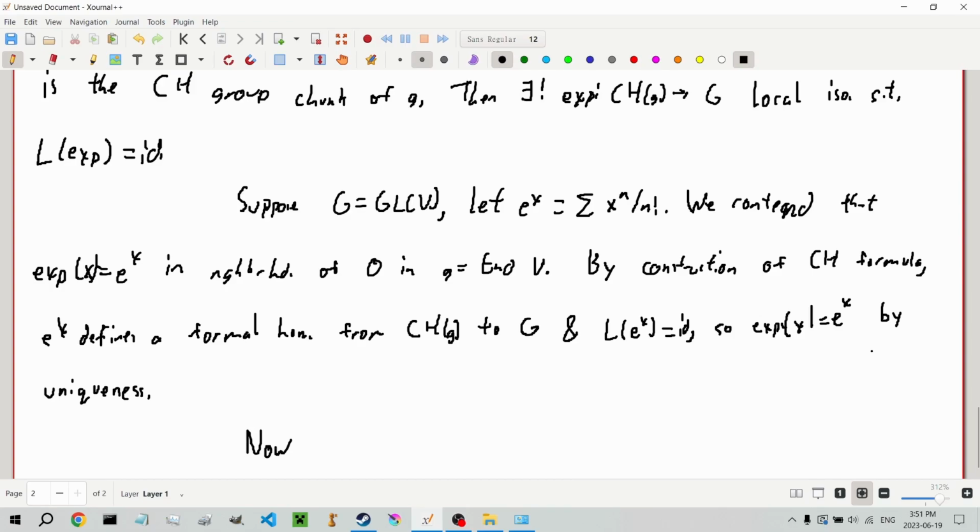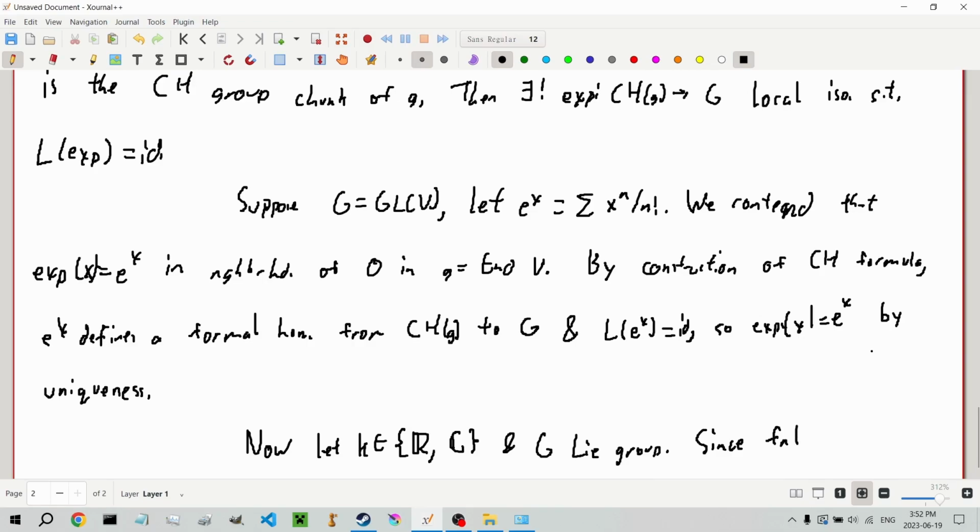Now we're going to let k be our real or complex case, and G is going to be a Lie group over one of those.